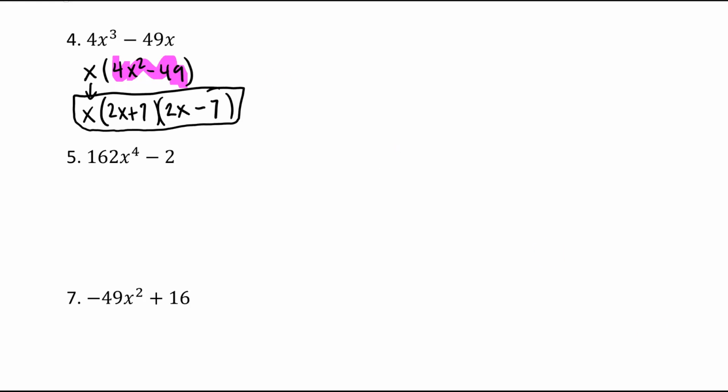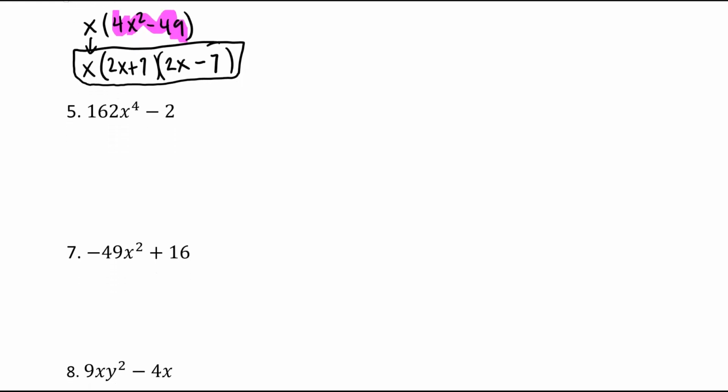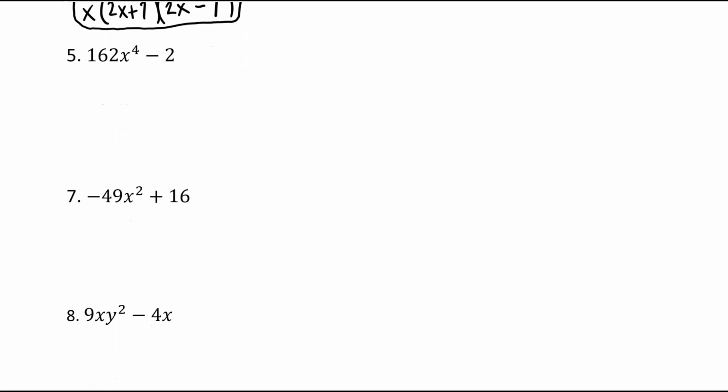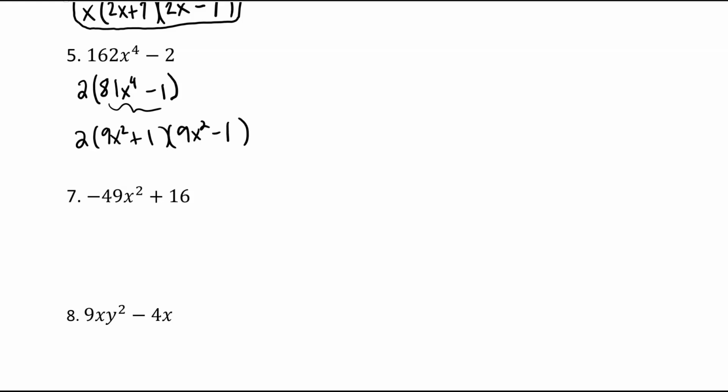Moving on to number 5, we have 162x to the 4th minus 2. We have a common factor of 2. We take the 2 out and we get 81x to the 4th minus 1. This is definitely a difference of squares, so we must break it down as well to 9x squared plus 1 times 9x squared minus 1.